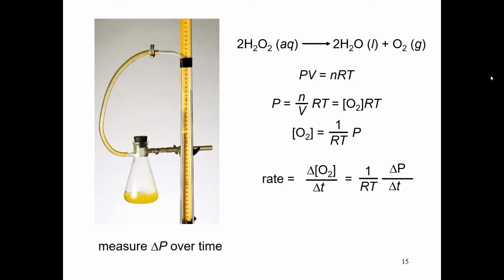And so we have this constant ratio 1 over RT times ΔP, or the change in pressure, per Δt. Many times in some of these reactions, we might use different units, as you'll see on the next slide. So again, let's use this experiment where we're going to measure the change in the pressure of oxygen.